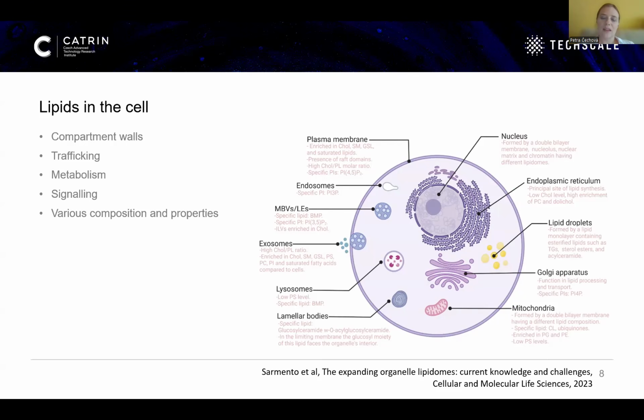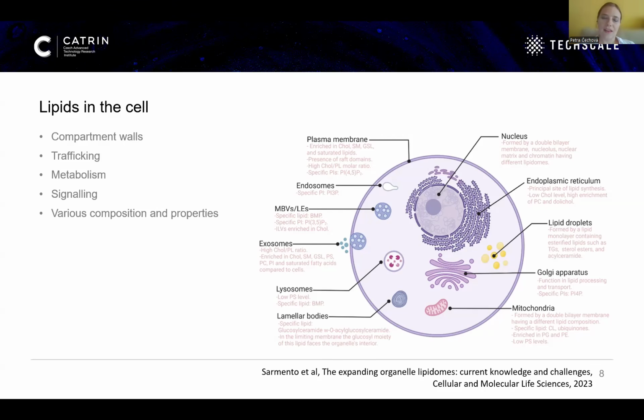And also lipid vesicles, these sort of small packages of compartments surrounded by lipids, either endosomes, exosomes, vesicles, or lysosomes, are basically the main way how the cell can exchange everything with its environment.